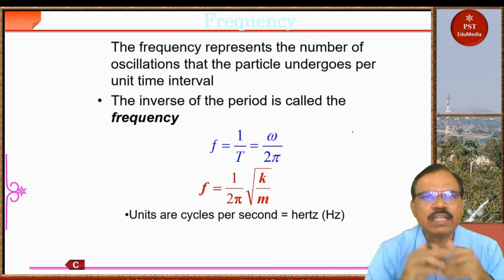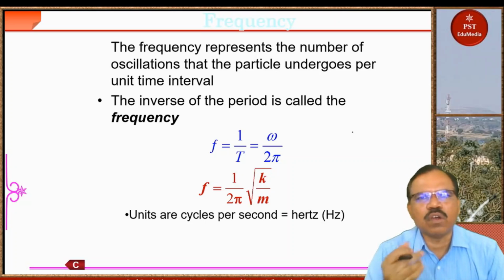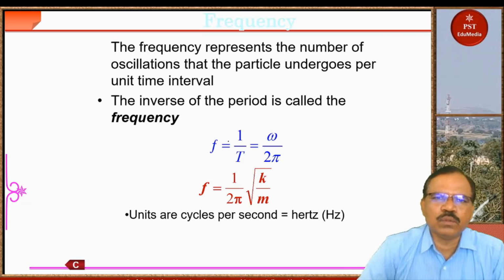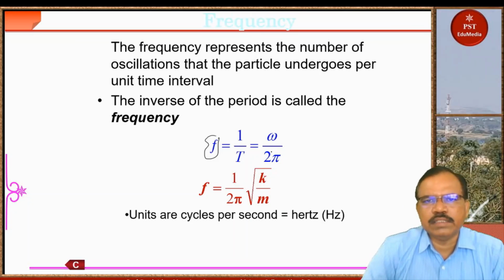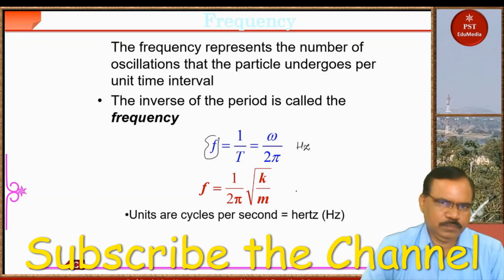Now next one, the frequency represents the number of oscillations that the particle undergoes per unit time interval. So the inverse of periodic time is called frequency. So f is equal to 1 upon T, which is omega upon 2 pi, and it is in hertz.